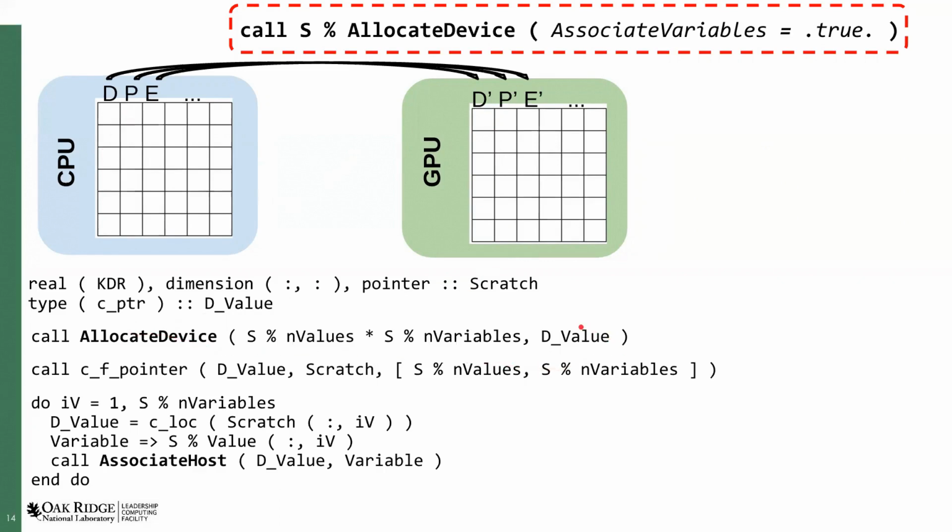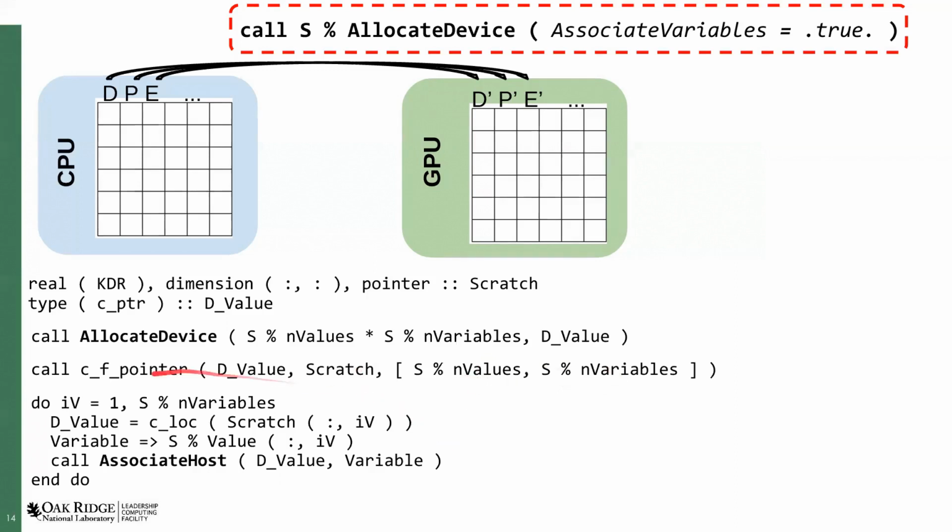So allocate device would be called to allocate the memory on GPU. C_F_pointer is a call in Fortran to basically dereference this pointer. In this case, it would be the GPU pointer to the scratch variable, and this is the shape of the scratch array.